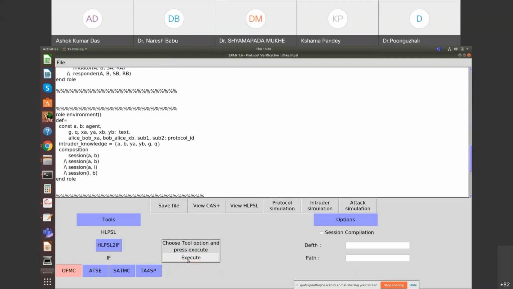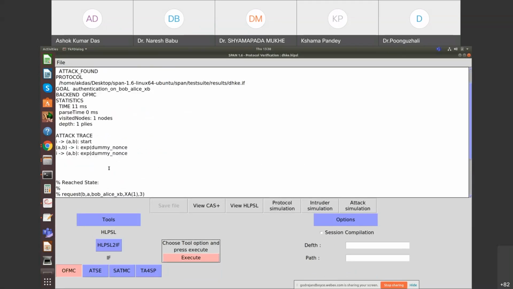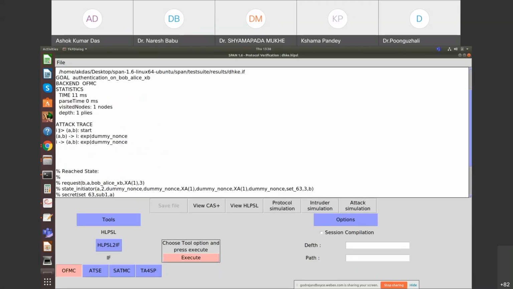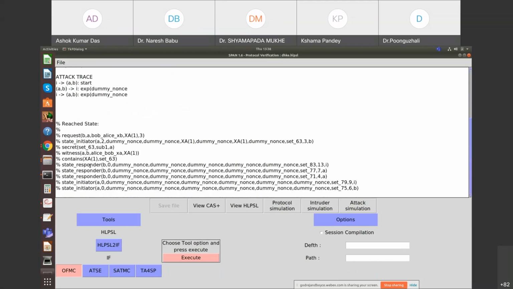If you execute this, it shows that the protocol is unsafe, because it will give exactly how the intruder is able to modify, by using dummy nodes, etc., how the protocol becomes insecure.